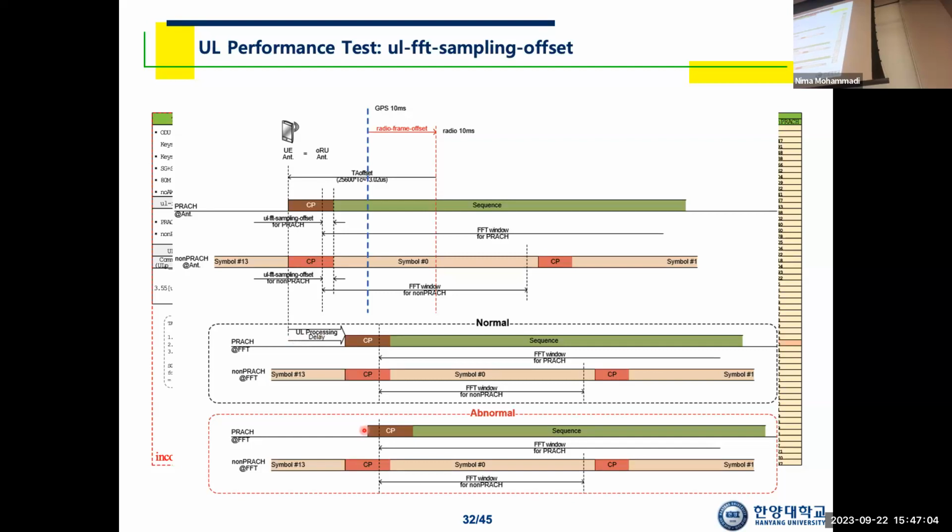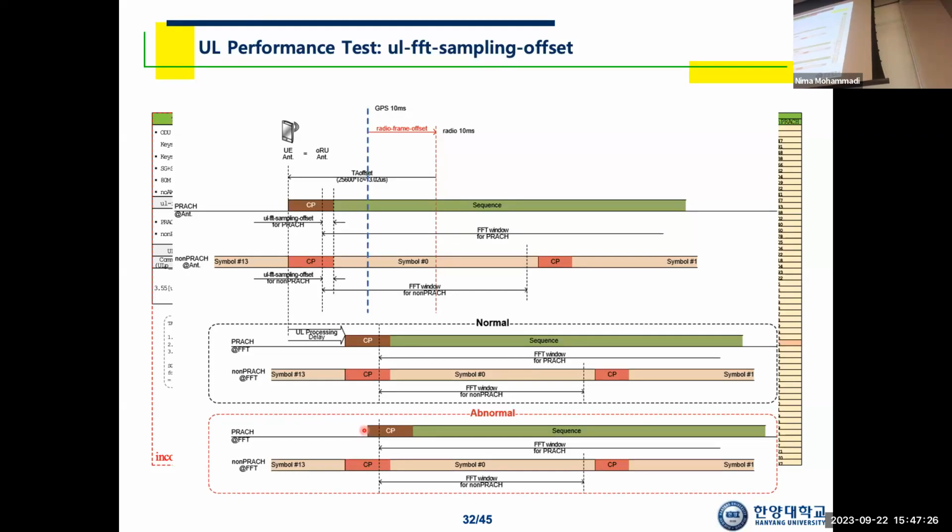This was PRACH format 0, the 4G PRACH, which is stupidly long. So PRACH starts from here, where normal uplink signal PUSCH, PUCCH starts from here, because of the delay difference.